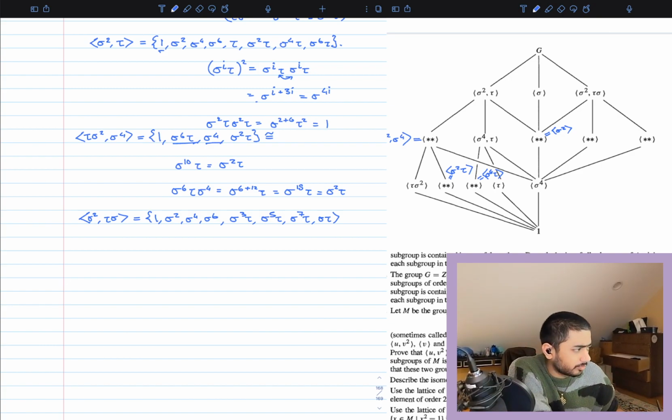And it definitely feels like the subgroups are not as complicated as they were here, which is kind of weird. I wonder why that is. I guess we'll find out. So we need to find out what the other two subgroups of this are, apart from sigma squared, apart from just this stuff together.